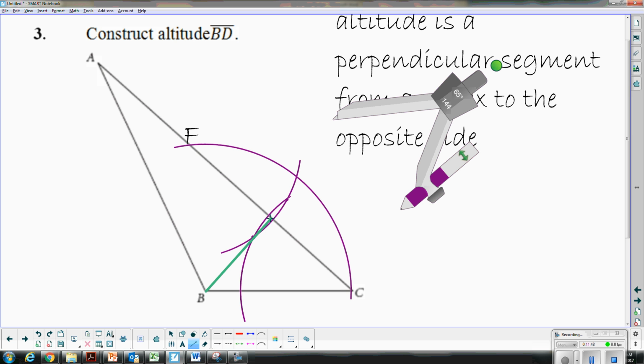Now my altitude, remember, is only going to be on that opposite side. So you can go further, but make sure that when you label D, you label D right here on the opposite side. So this is point D.